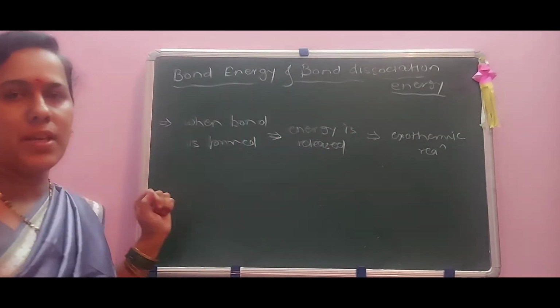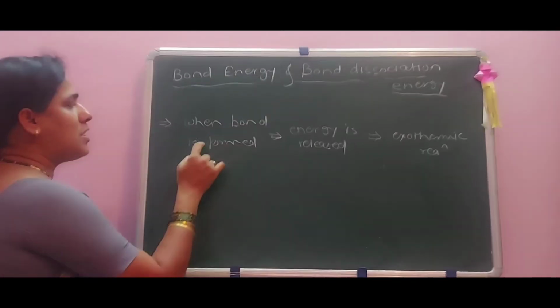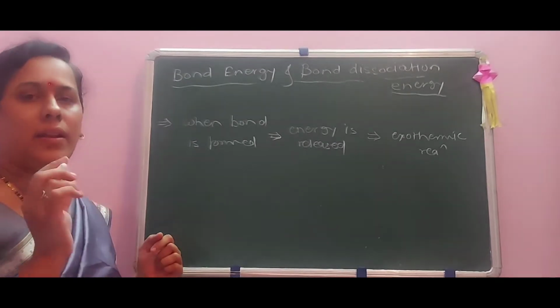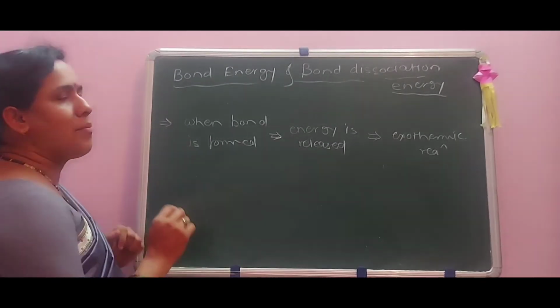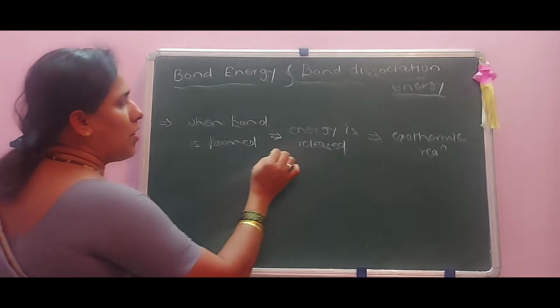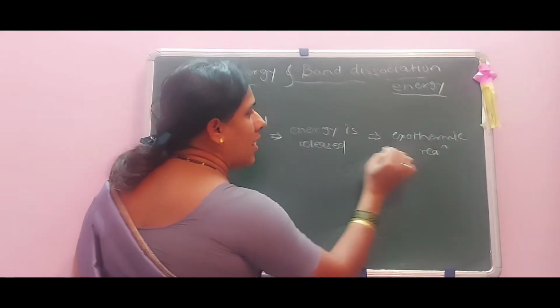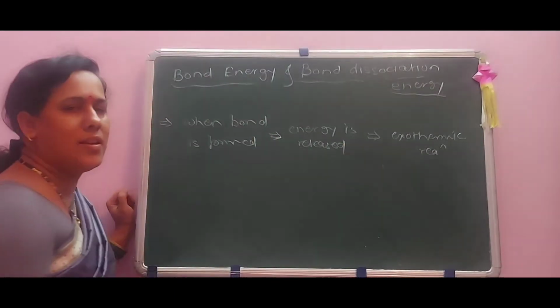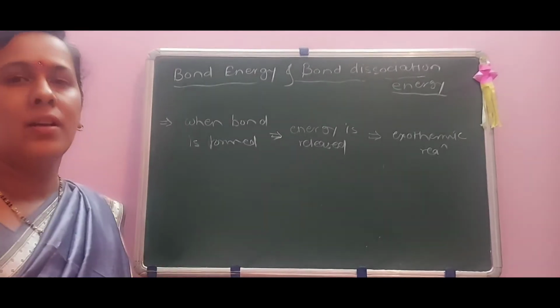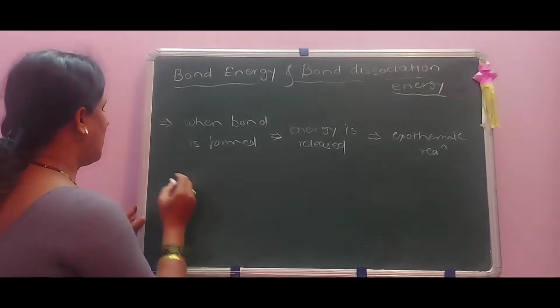What I am saying to you is that when a bond is formed between any two atoms in a chemical reaction, energy is released, and as the energy is released, the reaction is called an exothermic reaction.